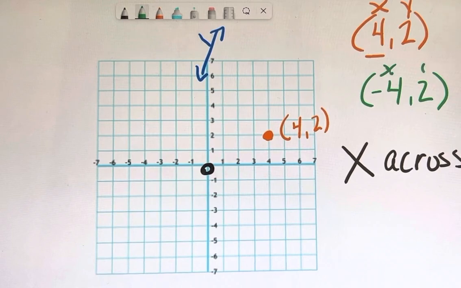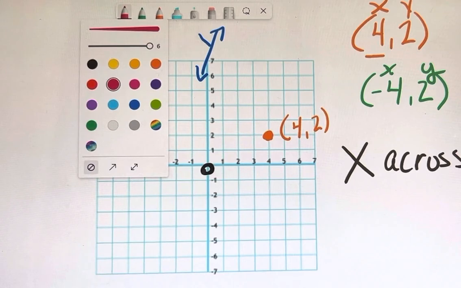The first number is always x, the second number is y. I'm going to start at the point of origin, 0. I'm going to go -4, so I'm going to go to the left, 1, 2, 3, 4, and I'm still going up 2, so I would go right there. I'm going to graph that point. So I'm hoping you can see we went to the left 4 and up 2, and that would be -4, +2.